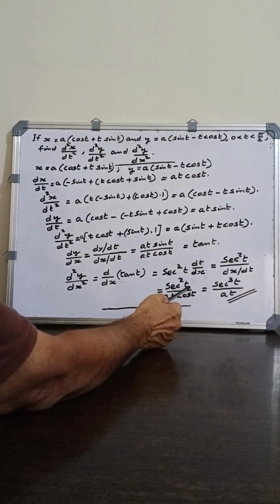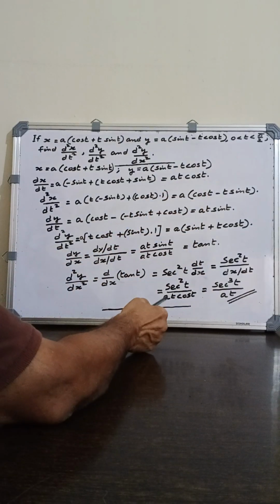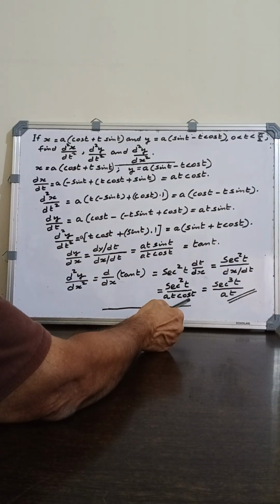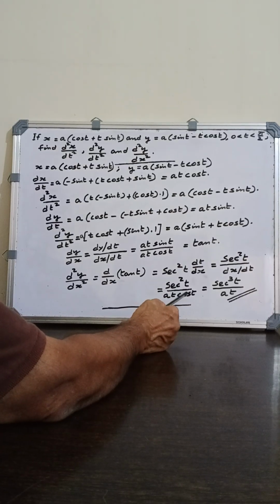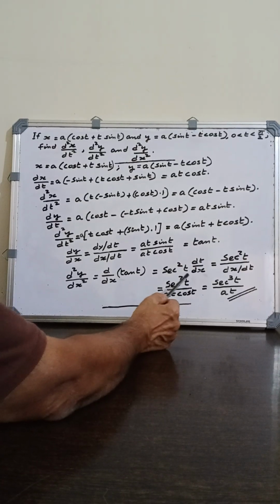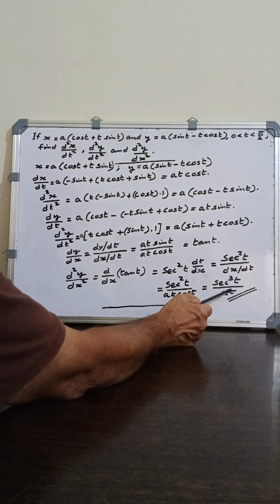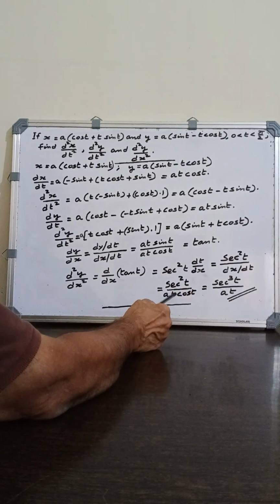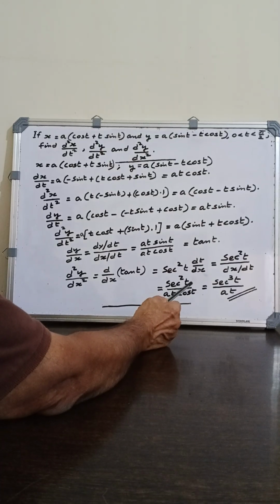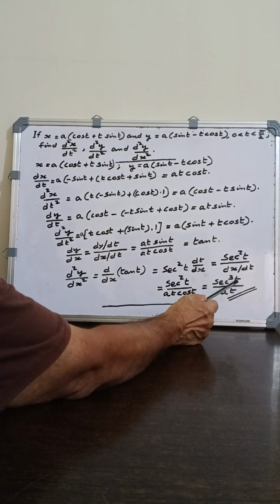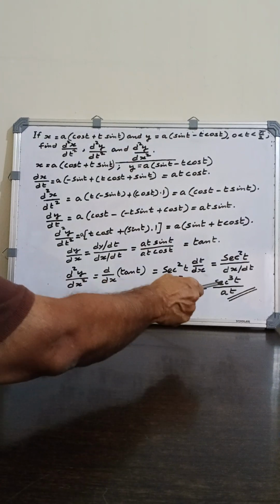Therefore, sec squared t divided by a t cos t. Cos t comes up as sec t. Sec t into sec squared t gives sec cubed t by a t. a t remains here because cos t comes up as sec t. Sec t into sec squared t, sec cubed t by a t, which is defined as d2y by dx squared.